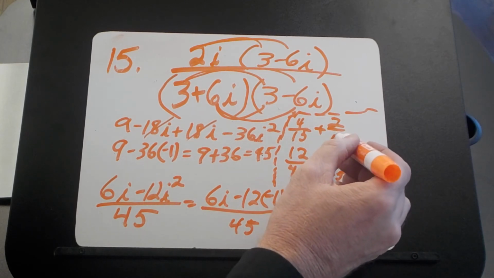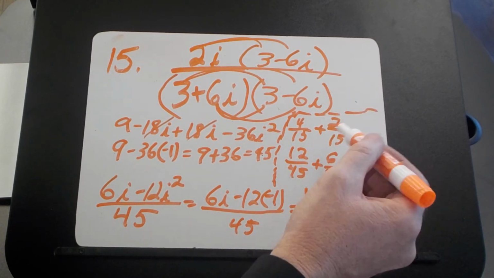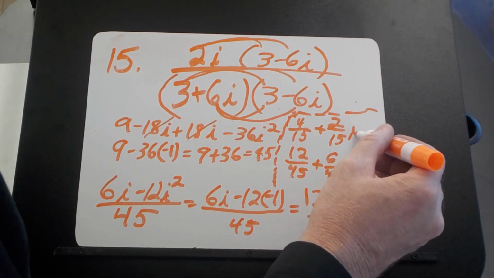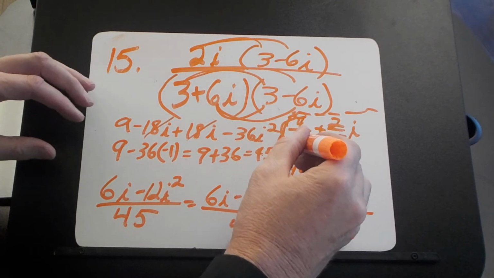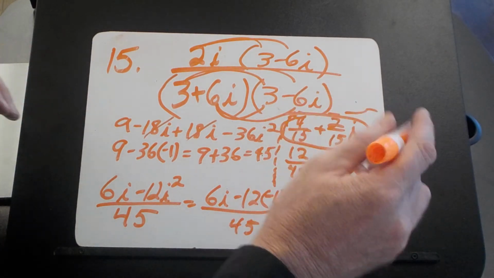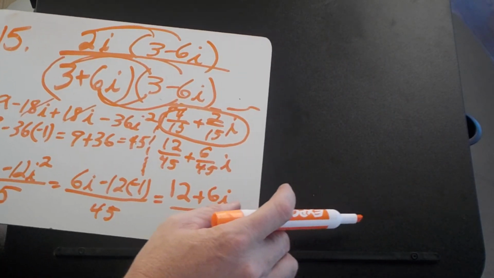And 45 divided by 3 is 15 again. So I got 4/15 plus 2/15i. And that's my best answer here. I keep running out of room, don't I?